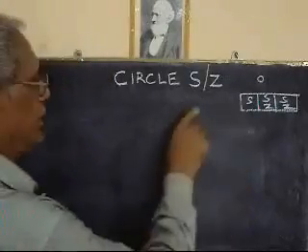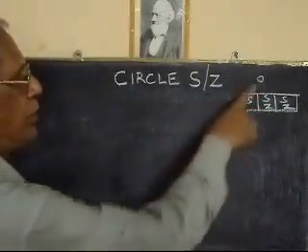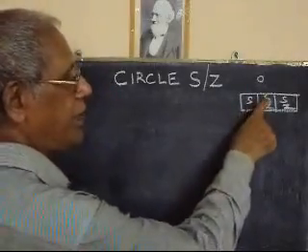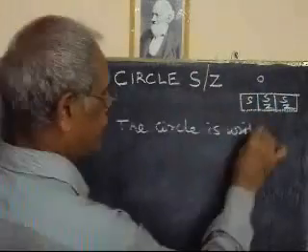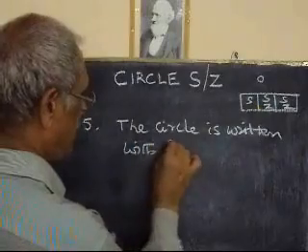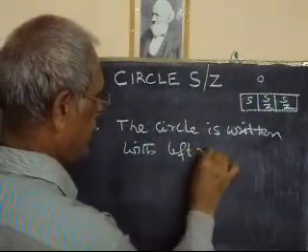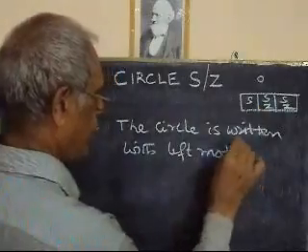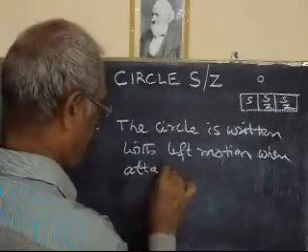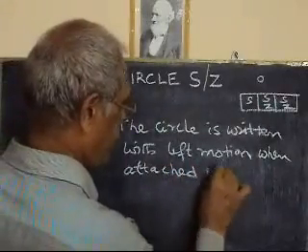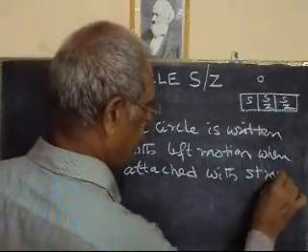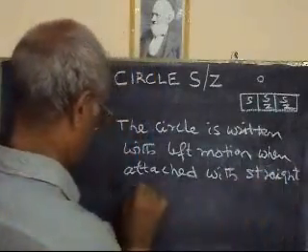As I said, the small circle represents S initially, medially and finally. The circle is written with left motion when attached to straight strokes.